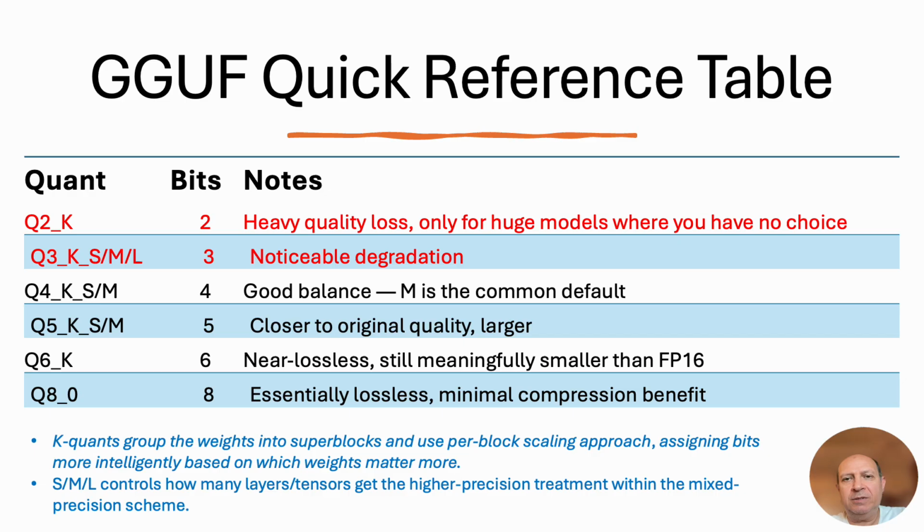Here is a quick reference table for the GGUF file names that specifies the Q, K, and M values in the various models. The first quantization is Q2K. This indicates that 2 bits are used instead of 4 bits for quantization. Obviously, this will lead to heavy quality loss, although it may be acceptable sometimes for very large models where the file size can be a problem even with the 4-bit quantization.